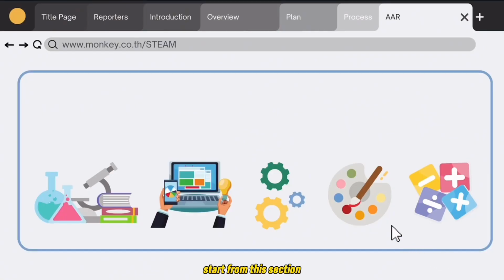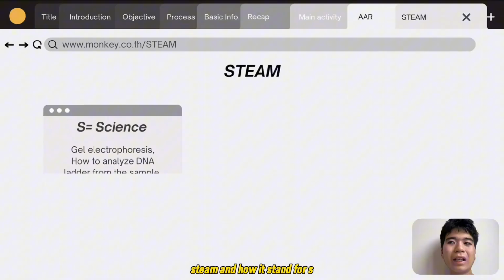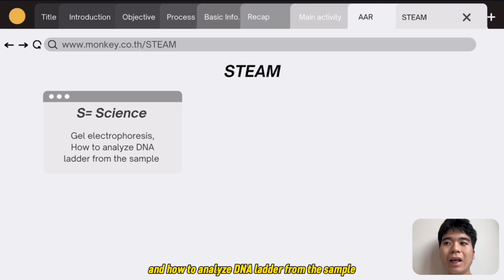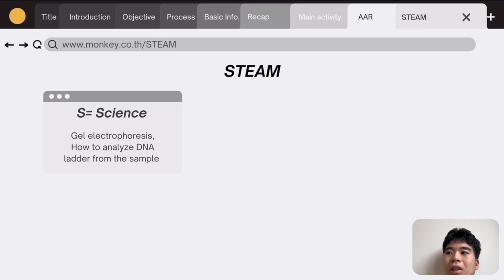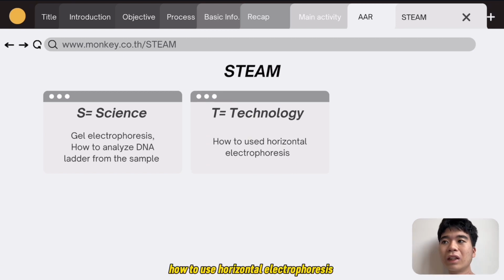Starting from this section, we are going to explain the word STEAM and what it stands for. S is Science. It is about gel electrophoresis and how to analyze the DNA ladder from the sample. T is Technology, how to use horizontal electrophoresis.